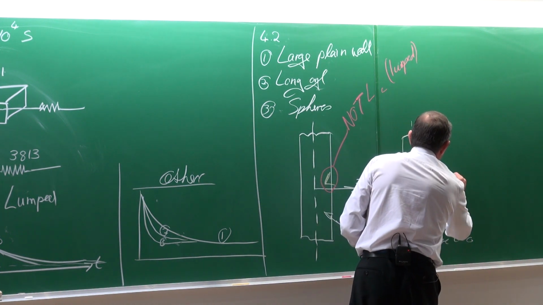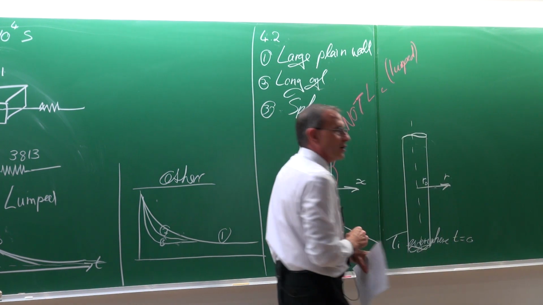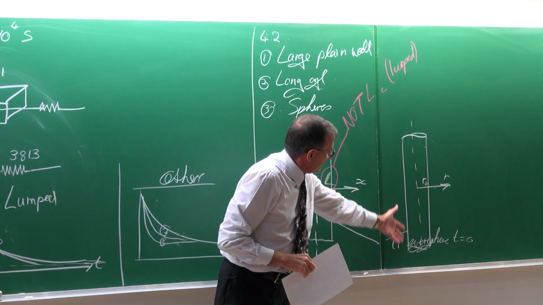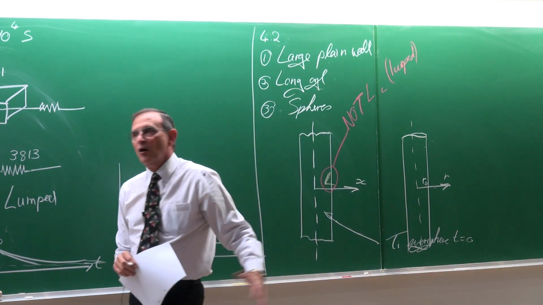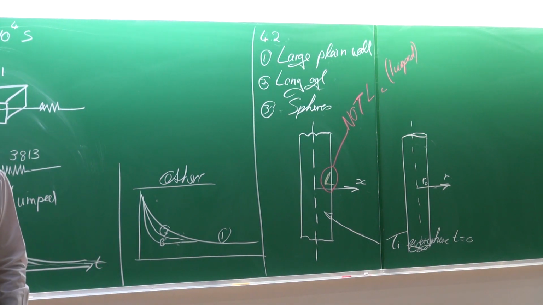And again, they give the coordinate system and they say that it is equal to R0. So you cannot go and calculate the characteristic length of that cylinder using the criteria for a lumped system. The lumped system criteria is only reserved for the lumped system.